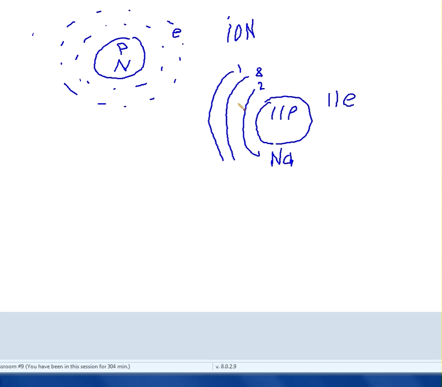Now, there are many different chemical reactions that could take place. If you count these up, 8 plus 2 plus 1 is 11. In a neutral atom, the number of electrons equals the number of protons, so the number of negative charges equals the number of positive charges. That's why that atom is neutral.